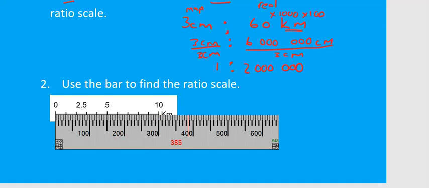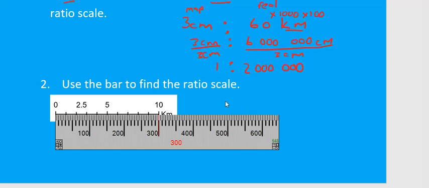Remember, the bar scale starts at 0 up until 10 kilometers. So if we measure, we find 301. Okay, 300 to 301. So we've measured the length of this bar scale and it's 300 millimeters.